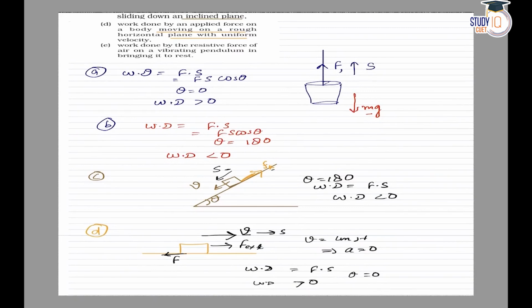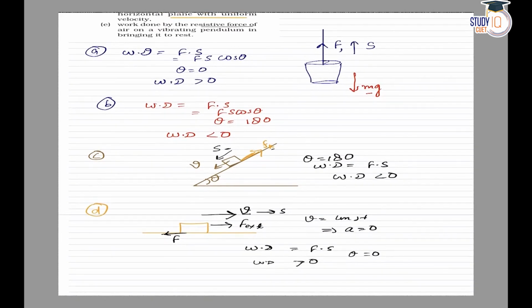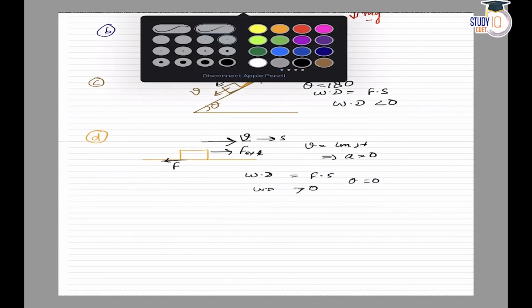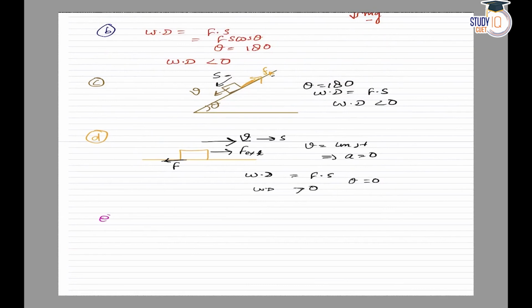And moving to the last part, work done by resistive force of air on a vibrating pendulum in bringing it to rest. As we all know, the force due to air resistance is opposite to the direction of motion.